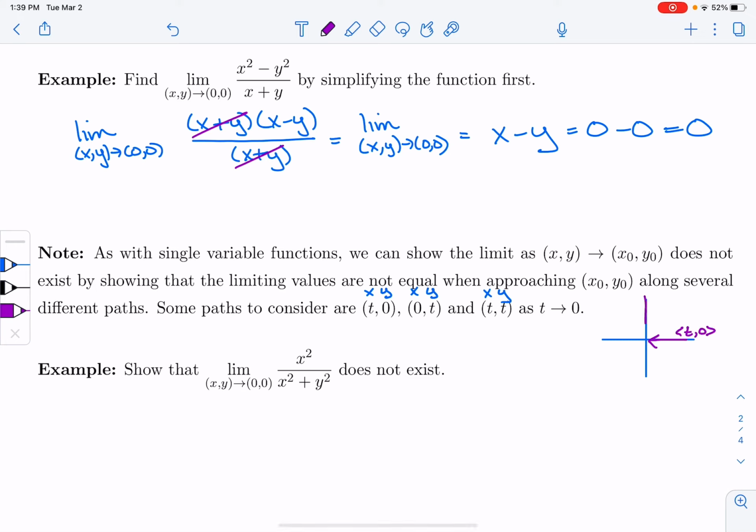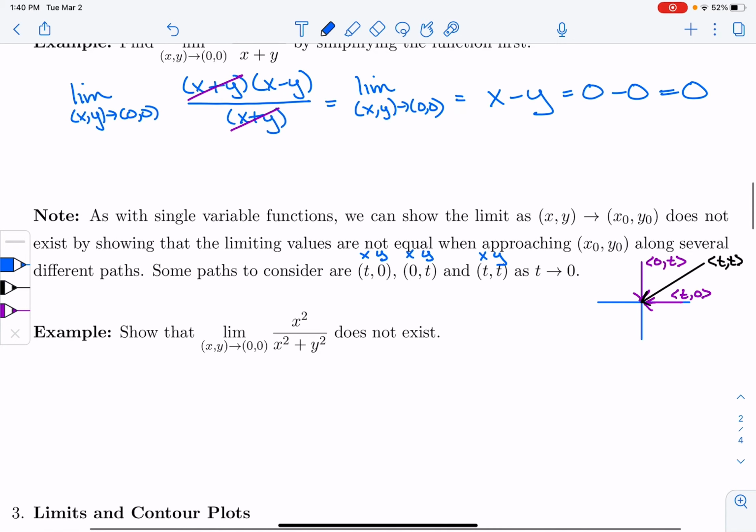I can approach from this direction along the curve 0, t, or in fact, I can even approach from this direction along the curve t, t. In each case, I would be looking at a limit as t goes to 0.